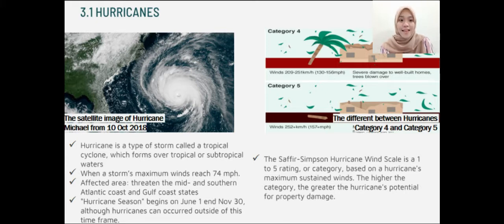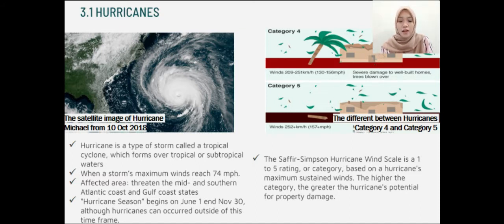The Saffir-Simpson hurricane scale has categories from 1 to 5, rating a hurricane based on its maximum sustained wind. As you can see in the picture, there is an example of the two highest stages of hurricanes, which are Category 4 and Category 5.